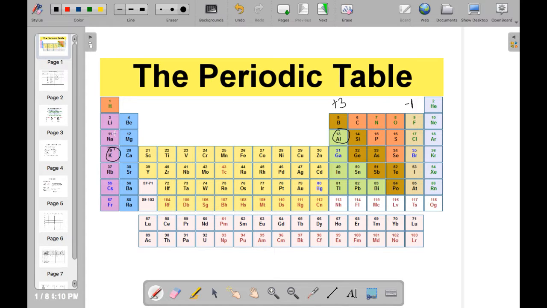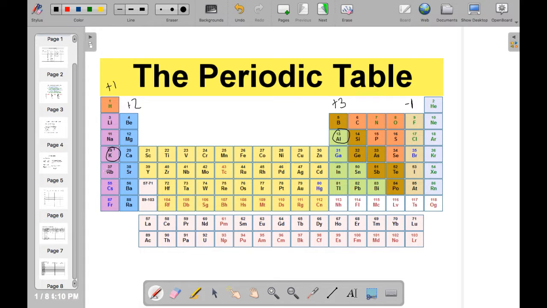Here's potassium. Well, just remember everything here is a +1. Alkali metals are +1. Alkaline earth metals are +2. These here never need Roman numerals. I've seen students do that where they start putting Roman numerals for these. We always know these are +1. We always know these are +2. Hence, we don't need the Roman numerals. So this is going to be a +1.